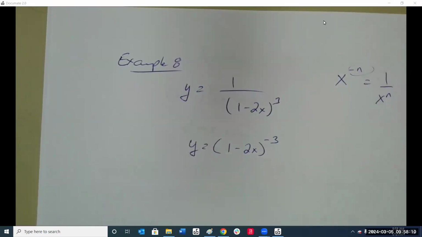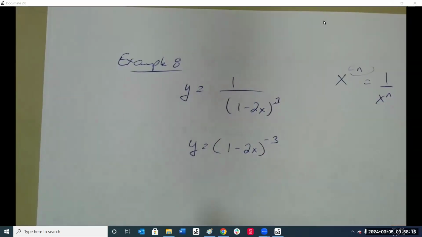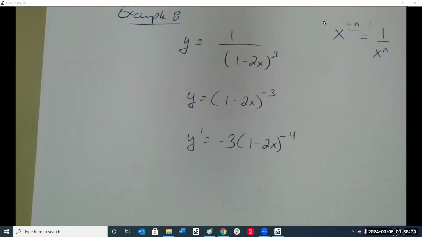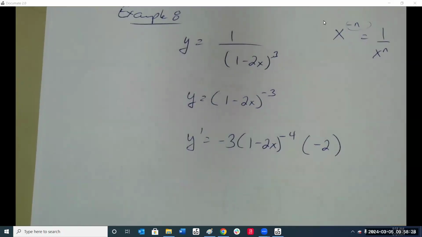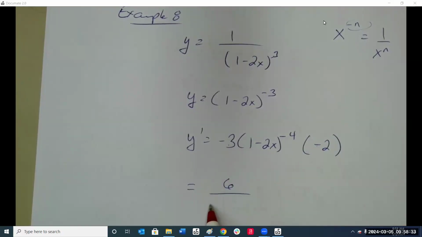If it's on the top, move it to the bottom. So since we're moving this one to the top, we have to change the sign. Then we take the derivative of this. Negative 3, (1 minus 2x) to the negative 4, because you subtract 1, times the derivative of the inside, which makes it negative, negative makes it positive, 6 over (1 minus 2x) to the 4th. There. Whew. We did a big chunk there.